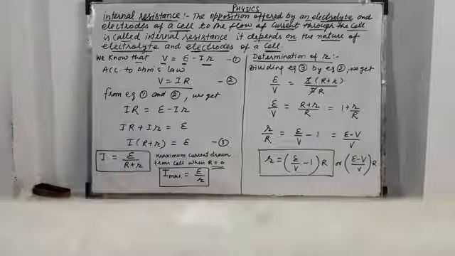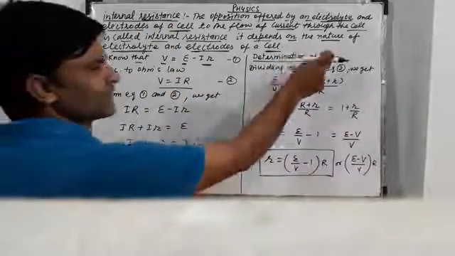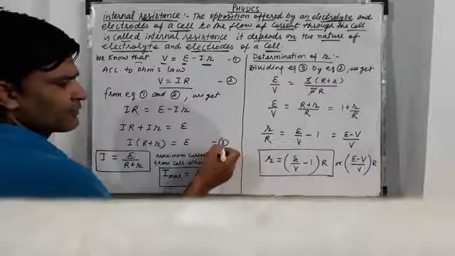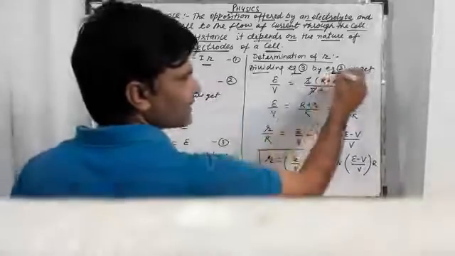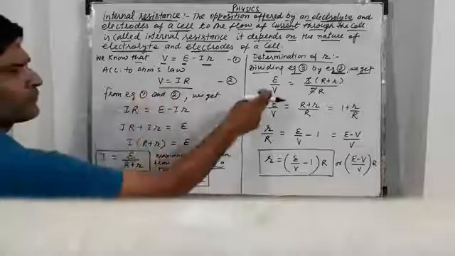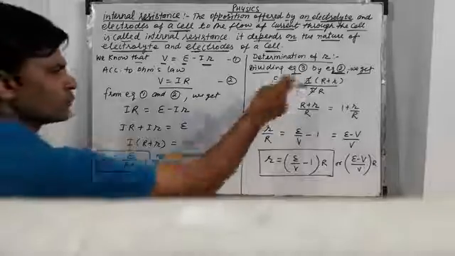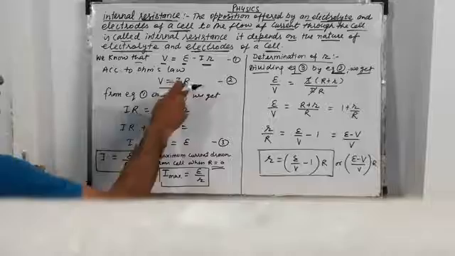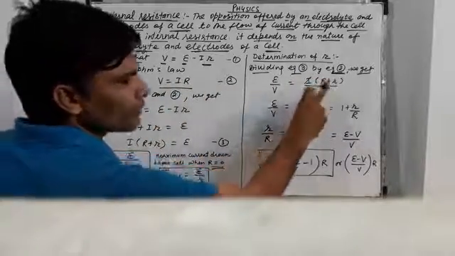Now the determination of internal resistance, that is r. Dividing equation 3 by equation 2, we get E upon V equal to I into R plus r upon IR.